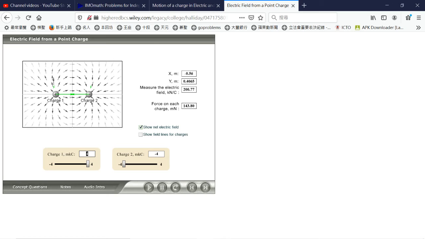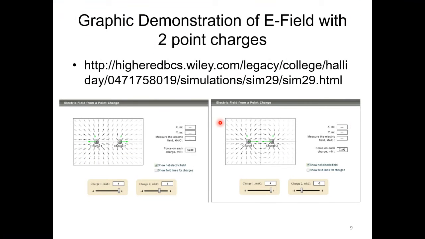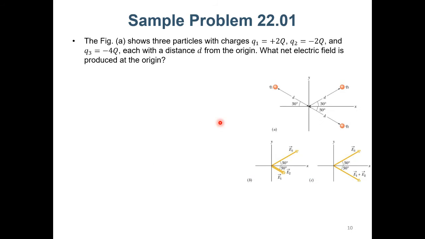It will look like this, and this, and this. Actually, the magnetic field of the Earth is similar to this. So you can play around with this simulation to get more feeling about the electric field.